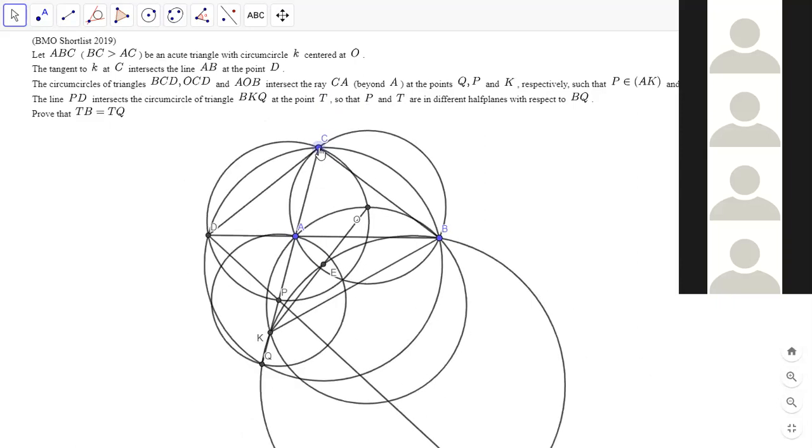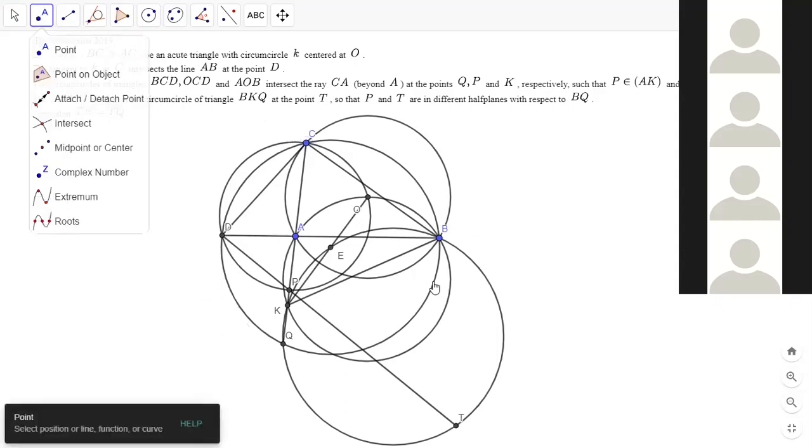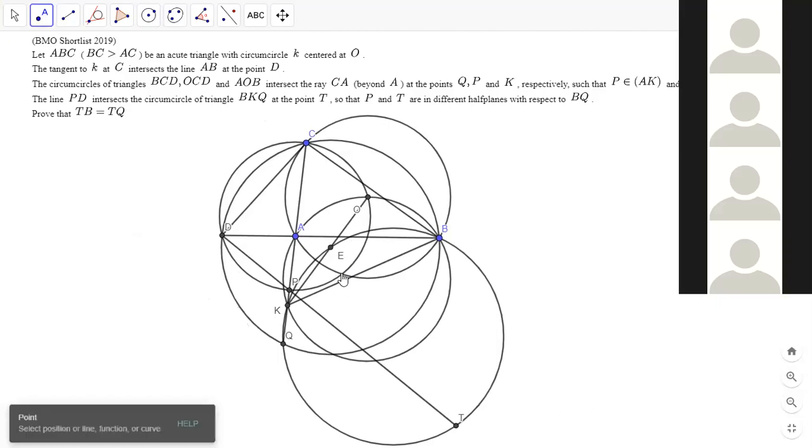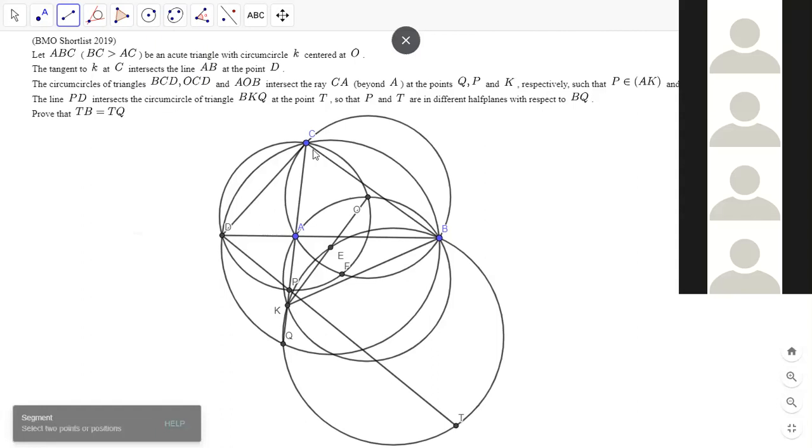Oh, that's weird. And that concurrency point should be the C median, the C median of ABC. And are A, E, and F collinear or C, E, and F?